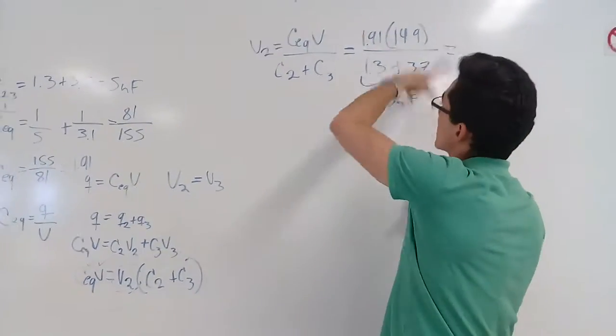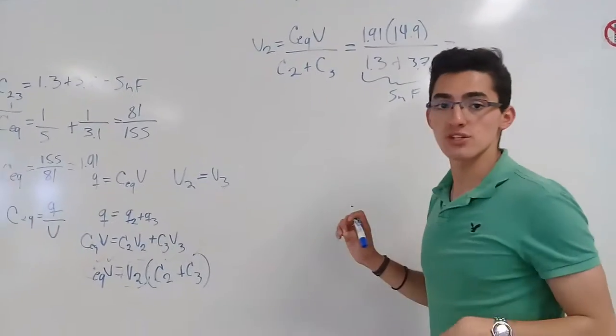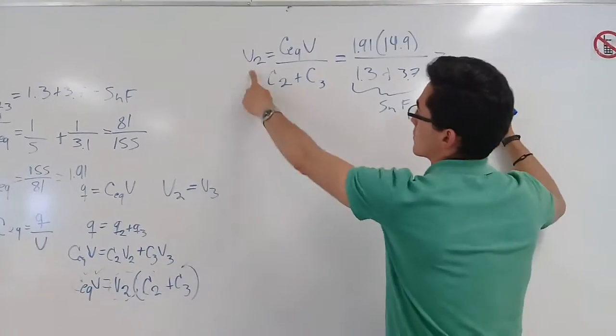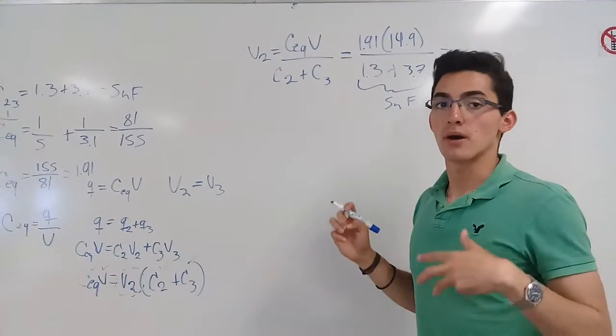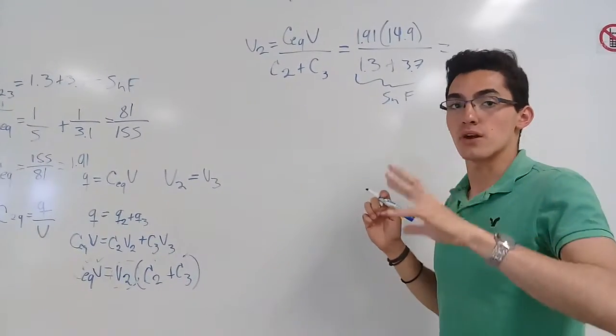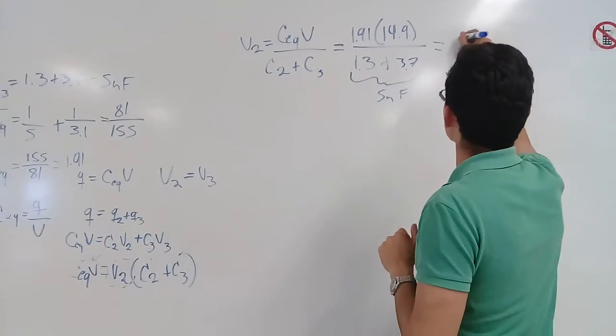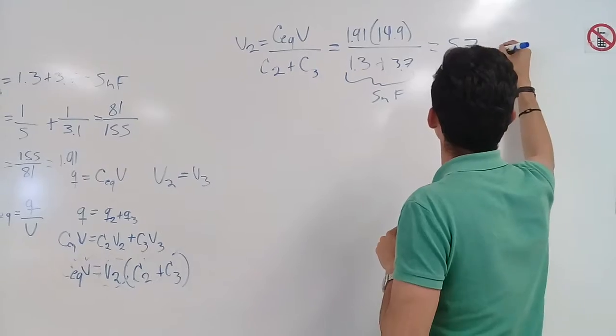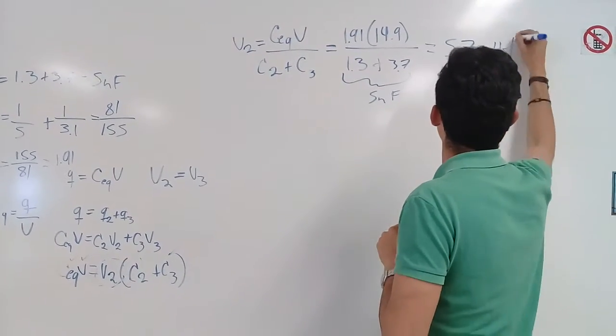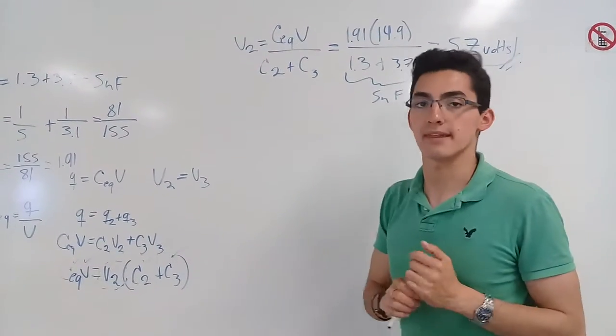And as we solve this operation, we will obtain that our voltage 2, or our drop across the capacitor 2, is equal to 5.7 volts. And this is how you solve this quiz.